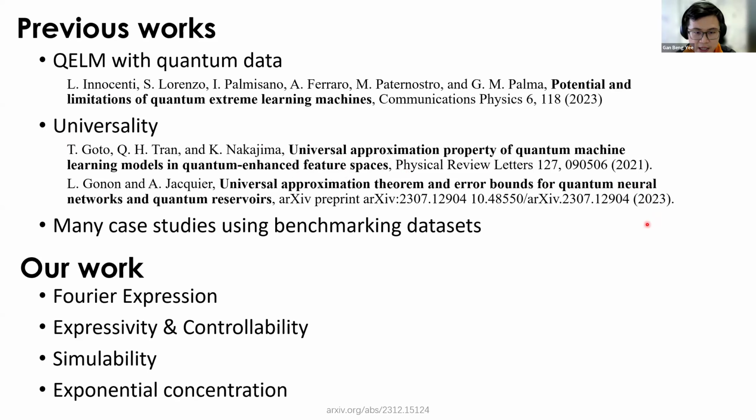So your setting captures the circuit structures of this previous work, am I understanding correctly? I would say this work captures our framework. Oh, okay, I see. So then we think that their result on universality can also transfer to the QELM framework.